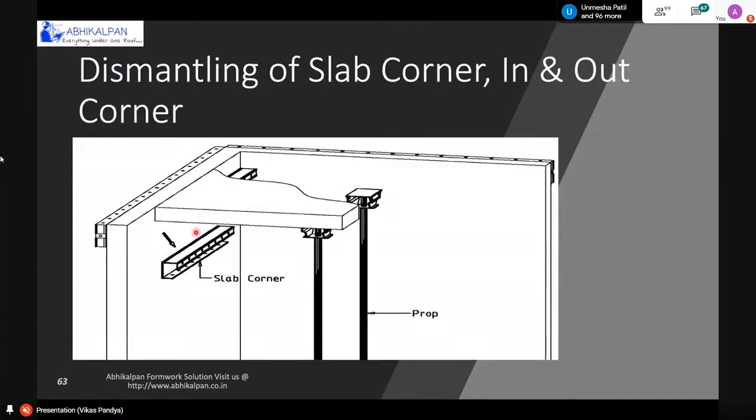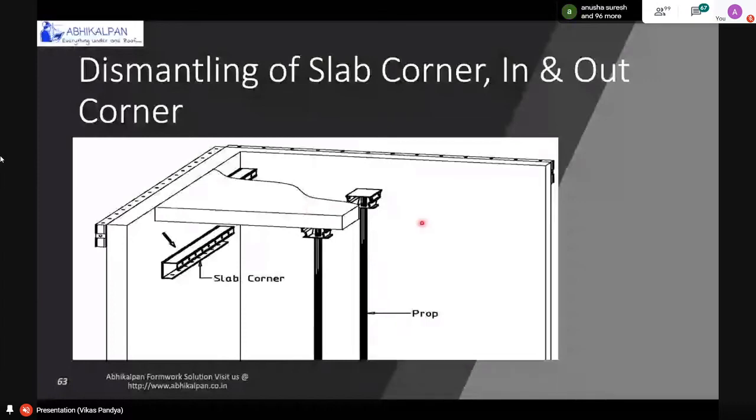The slab corner we will dismantle as in this picture, and the props will remain in position because we will dismantle these props only after the concrete gets strength. We dismantle the wall panel the very next day, after 12 hours, and for the deck panel we start dismantling in 48 hours.